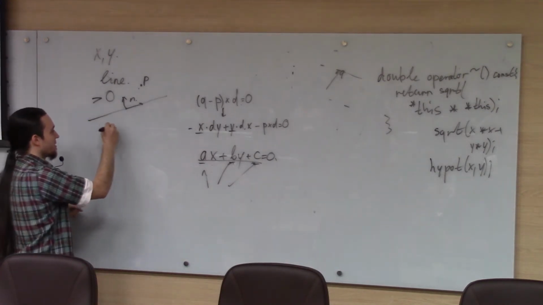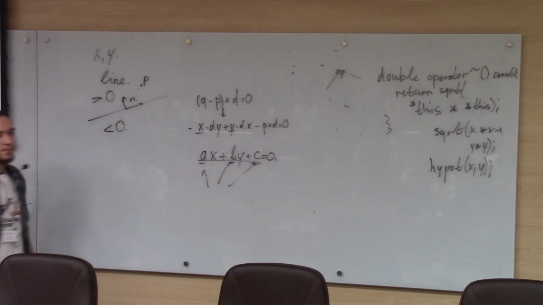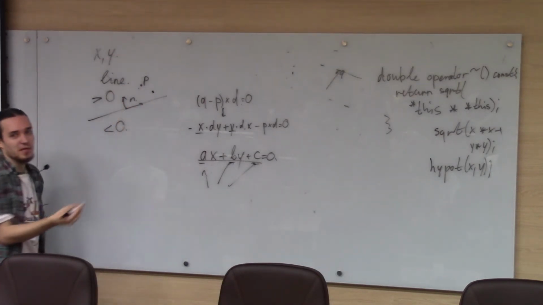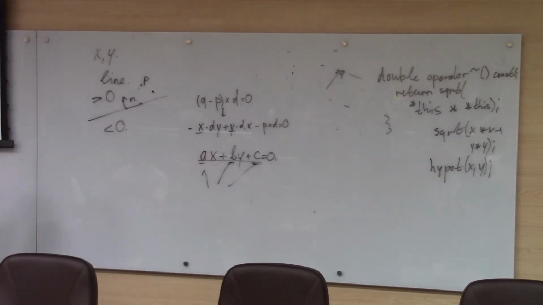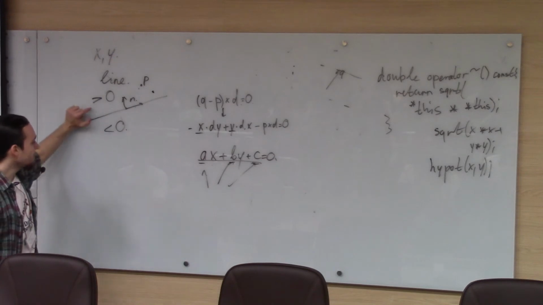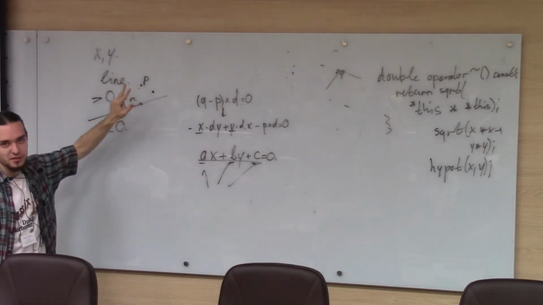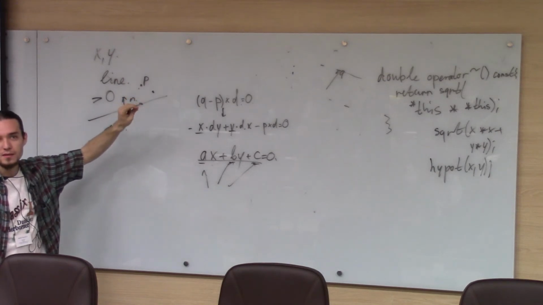And on the other side we have the negative ones. So for example, if you want to check if 2 points are on the same side of the line or on different sides of the line, you can look at the sign of this expression, and if they're the same, then the points are on the same side.